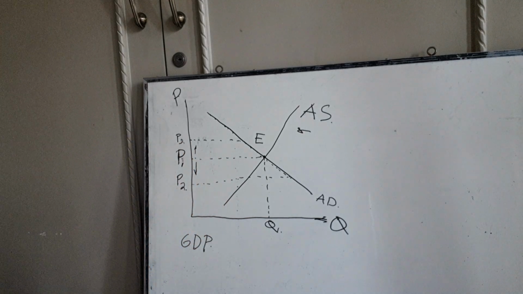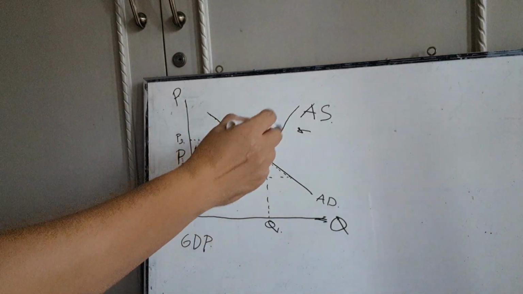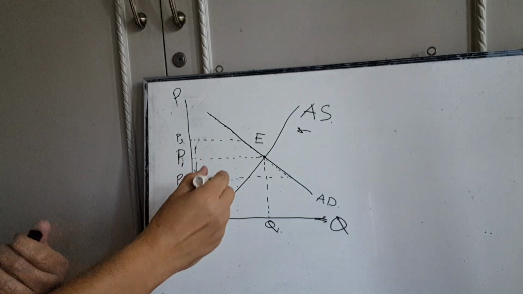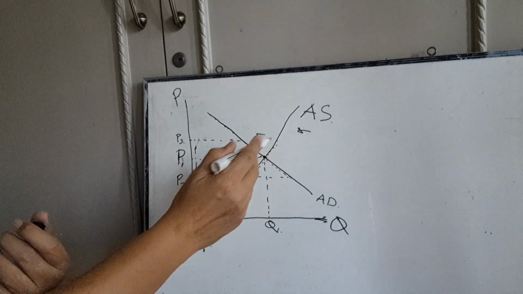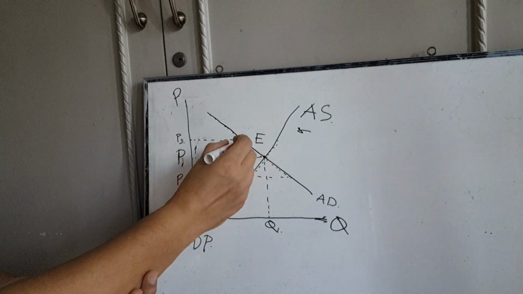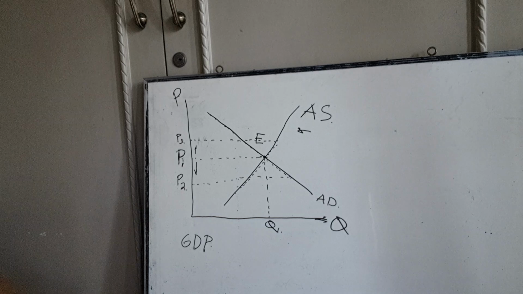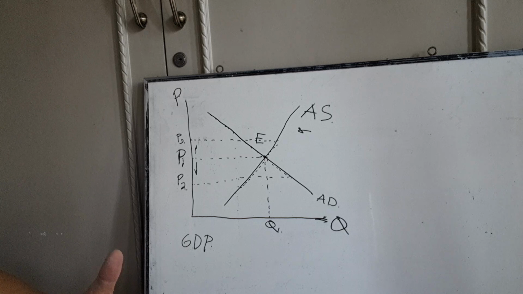And the aggregate supply also applies the same. What makes it move along the curve is only the price itself. Let's say when the price increases, then this is what the price is supposed to be. So the producer is usually willing to sell more product when the price increases.